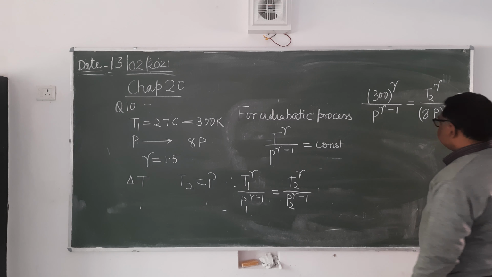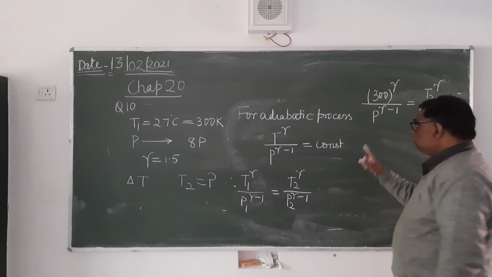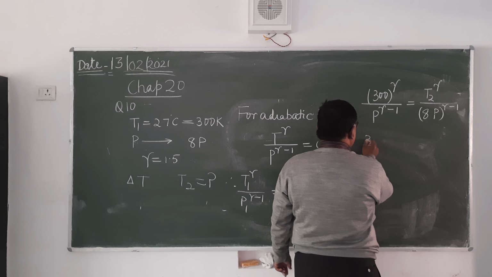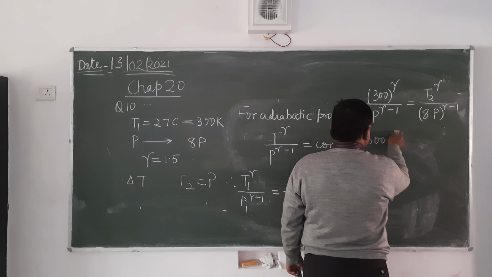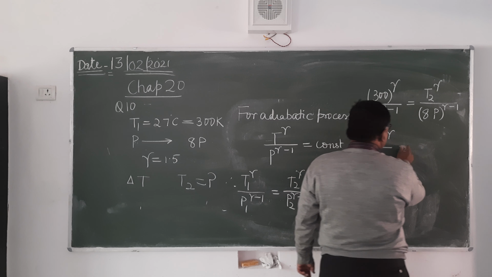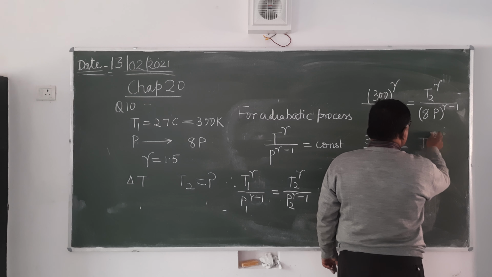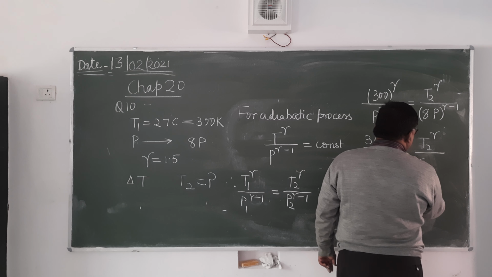In the denominator, P to the power gamma minus 1 will be cancelled.